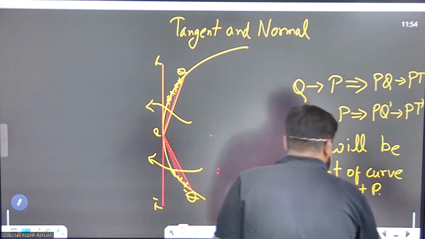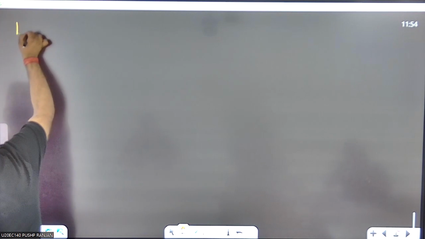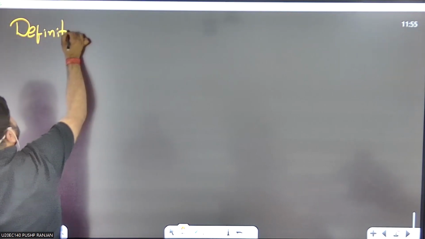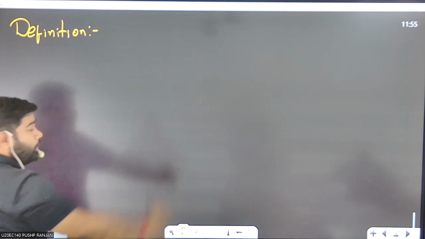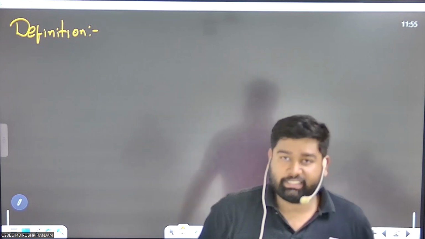Now I am going to write the mathematical definition of tangent. As we have discussed, you can guess the definition and understand what the tangent is.